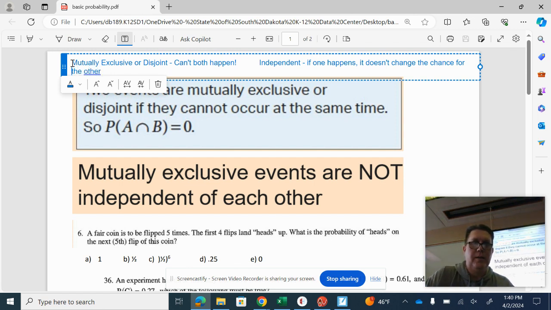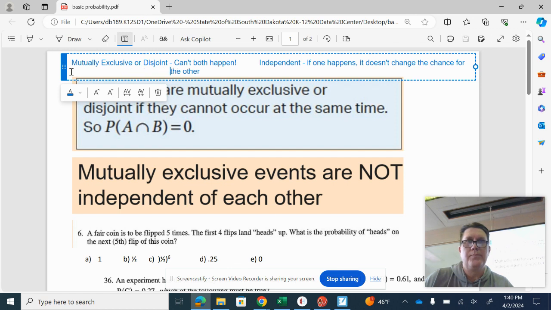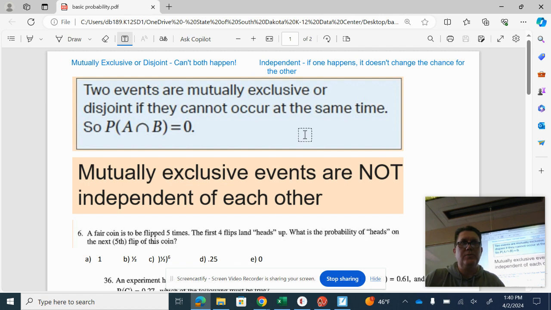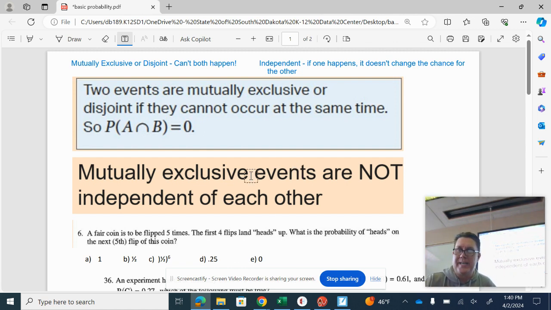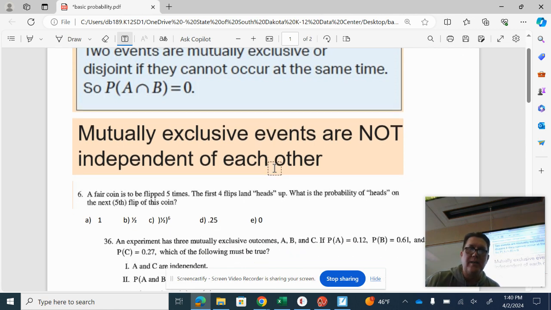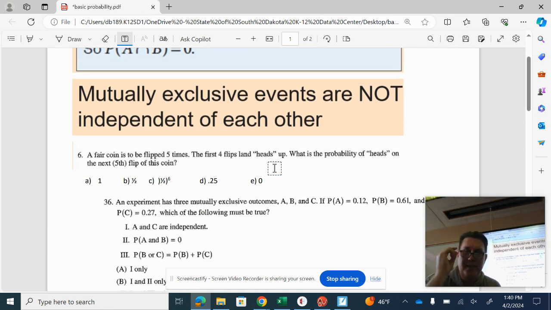Okay, so independent and mutually exclusive: if one happens and the other one can't, the probability goes to zero. Then they are mutually exclusive. But mutually exclusive are not independent. Those two things are totally different. You have to remember, independent is something entirely different.